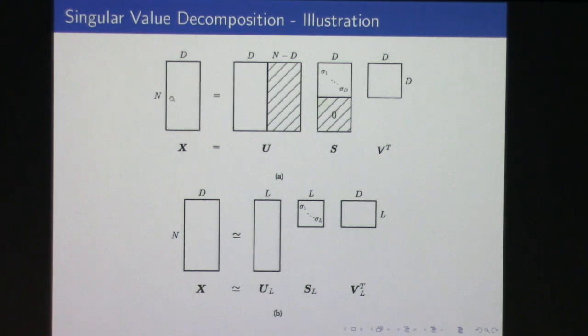But instead of that, I only have to store these entries, so this will be n cross L, plus L, remember that even though this is an L square matrix, it is a diagonal matrix, plus d cross L. So it's just nL plus L plus dL, which will be much smaller than nd if your d is very large. So it gives you a way to compress your data and then recover your data back with minimal error.